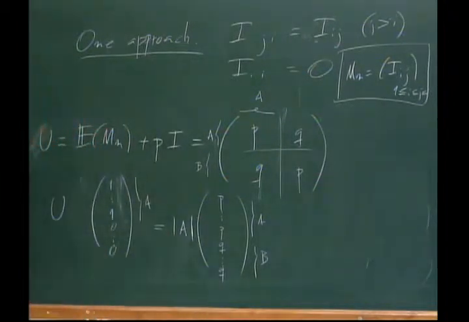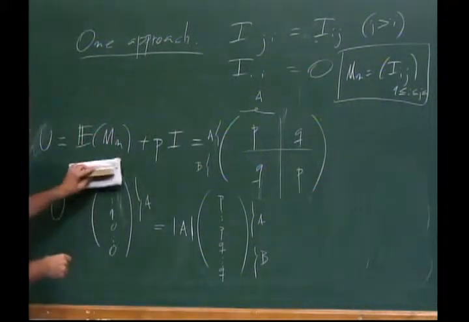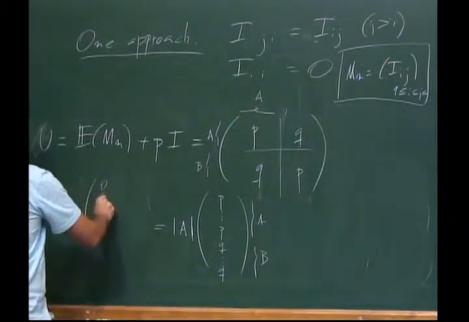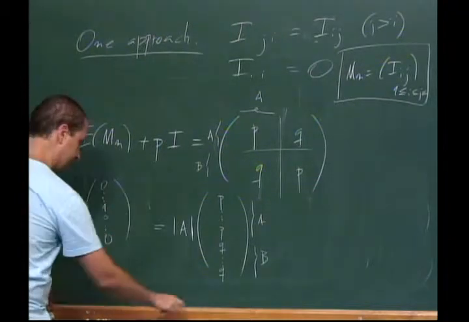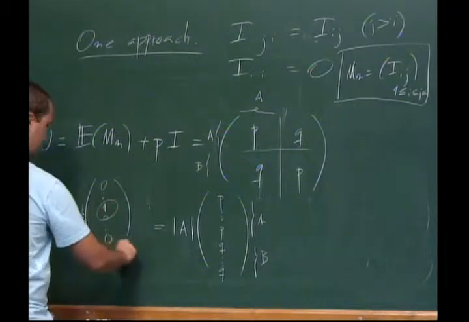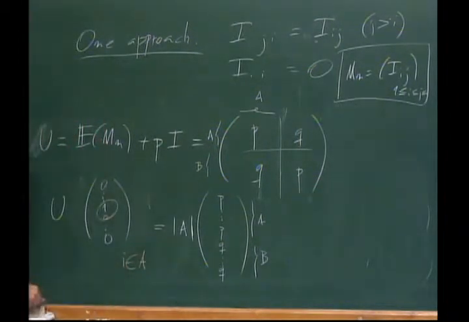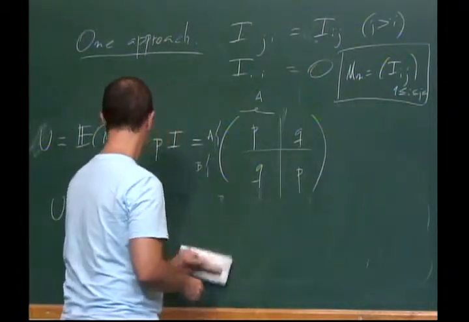And what now? Maybe you should say, why is this true? So maybe it's easier if I just take one canonical basis vector here. Say a vector that has 0, 0, 0 up to the ith coordinate, and then 0, 0, 0, 0. And let's say that this is the ith coordinate and that i belongs to A. Then it's easier to see what's going on.